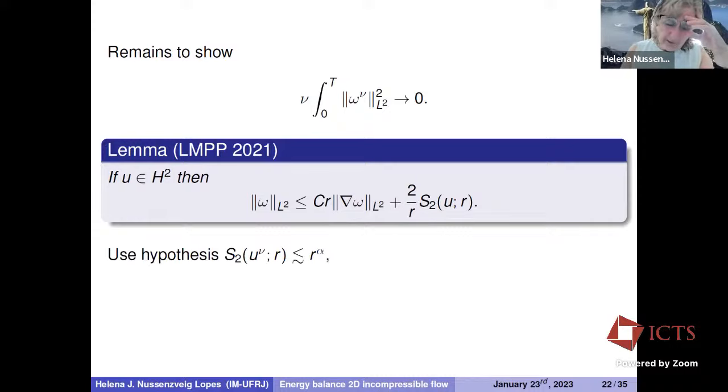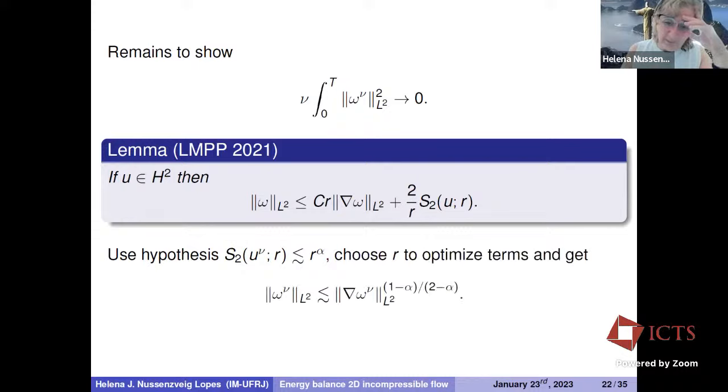With this, if S2 is something like R to the alpha, then you can choose R to optimize this inequality and get that the L2 norm is actually like the L2 norm of the gradient of omega nu raised to this power, 1 minus alpha over 2 minus alpha.